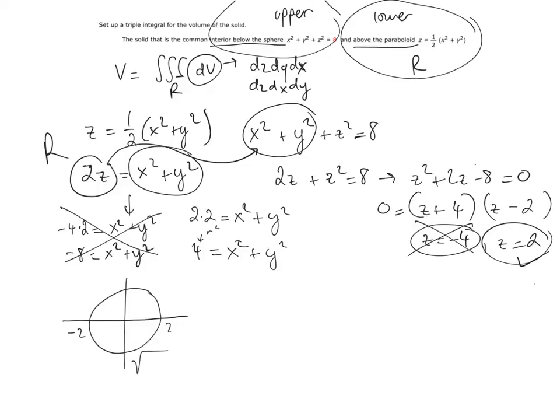Everything is in terms of x because we have a vertical rectangle right here from -2 to 2, and the thickness of that vertical is from negative square root of 4 minus x squared to square root of 4 minus x squared.